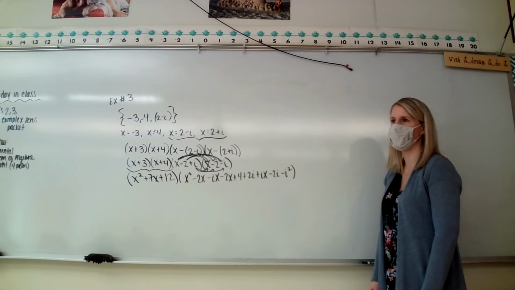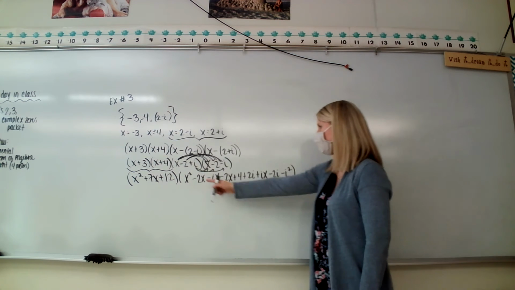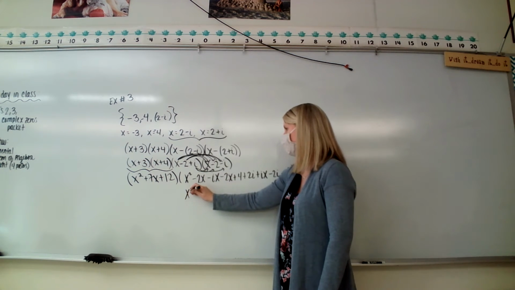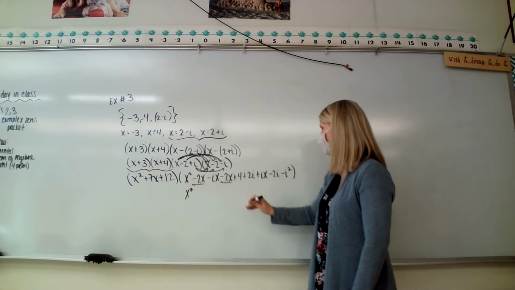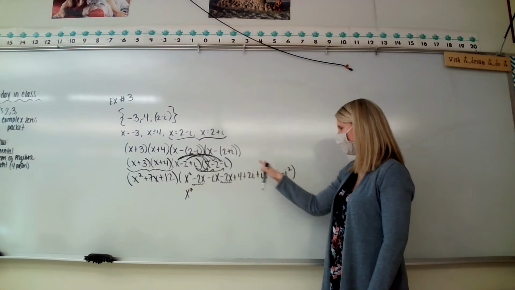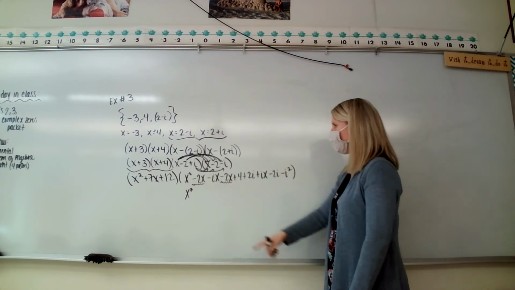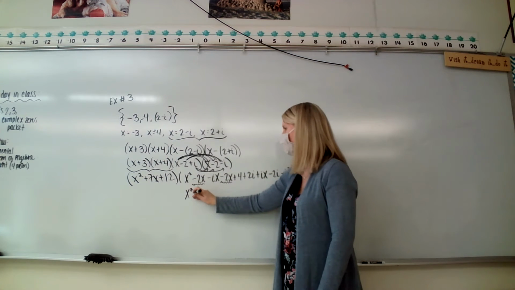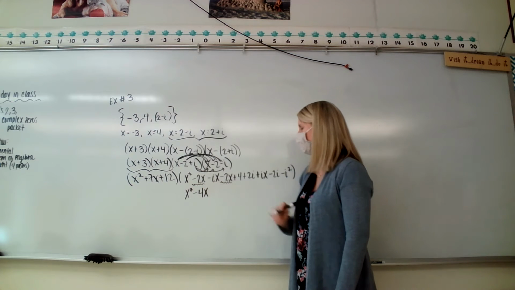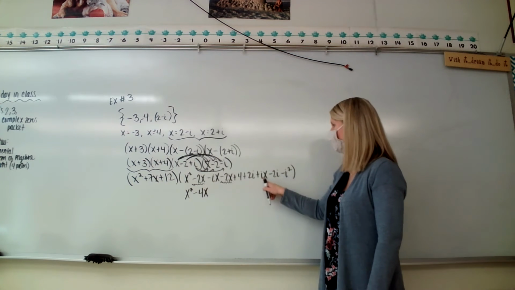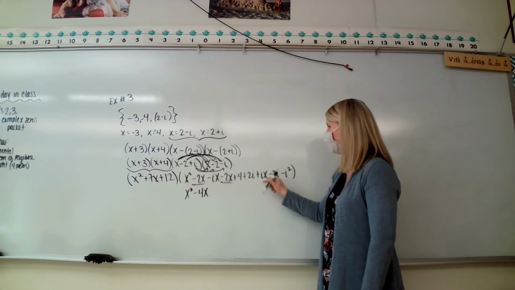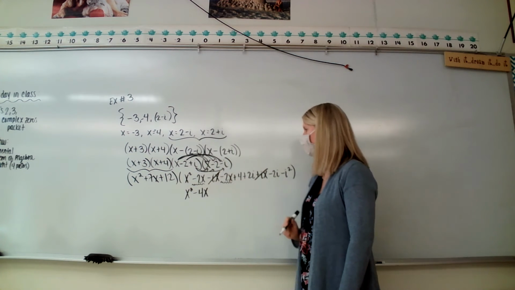So let's see what the heck we're left with. We have x squared. I have an x here and an x here. Negative 2 minus 2 is negative 4x. So then we'll see negative ix plus ix, those cancel.